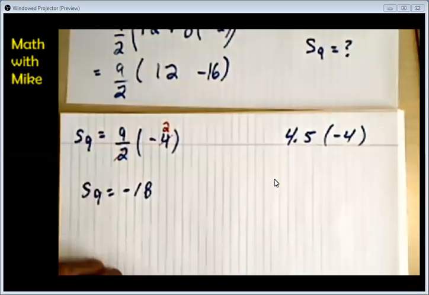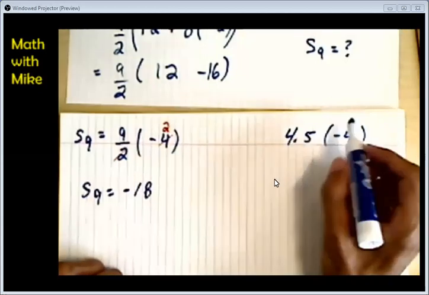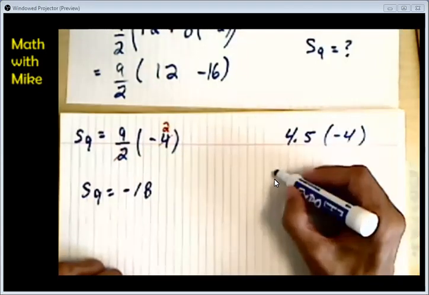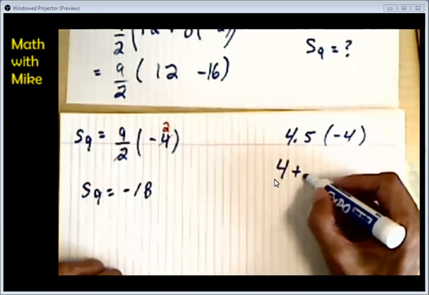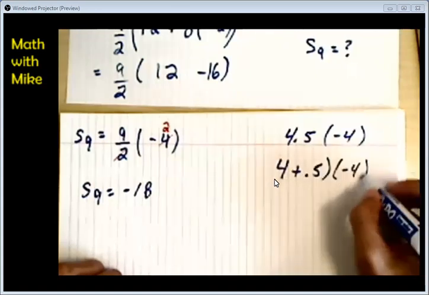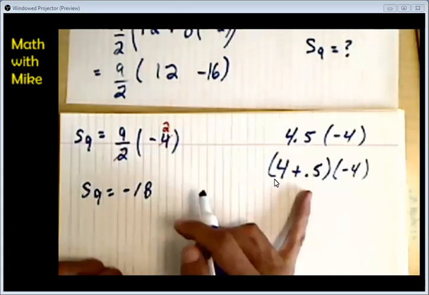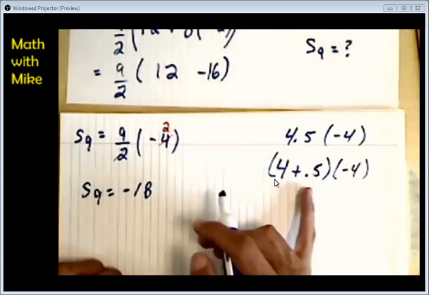How I would think of this one is like this, and then you do the rainbow in reverse.